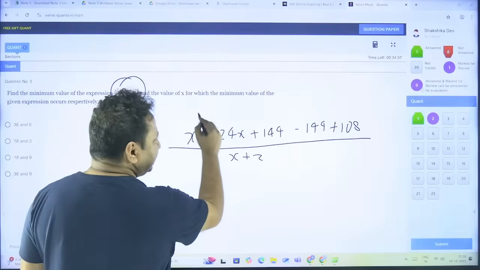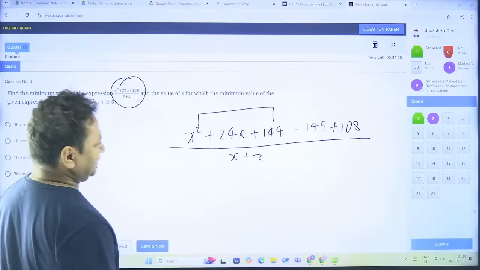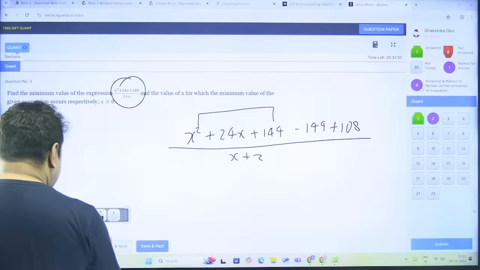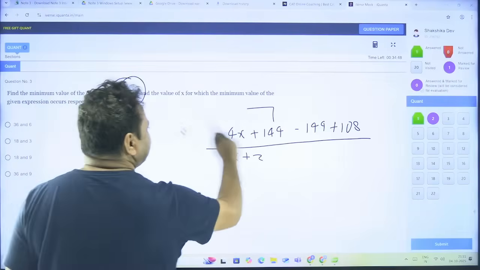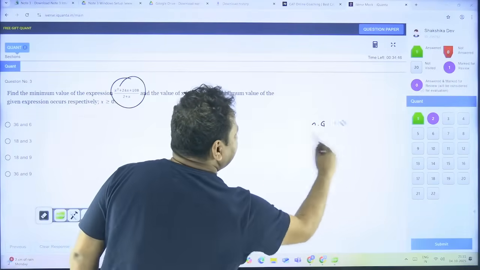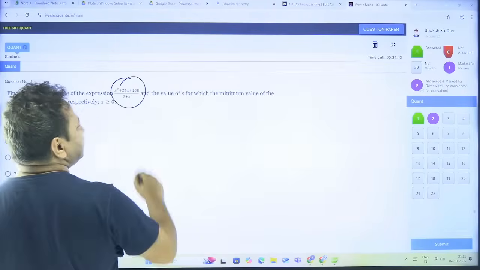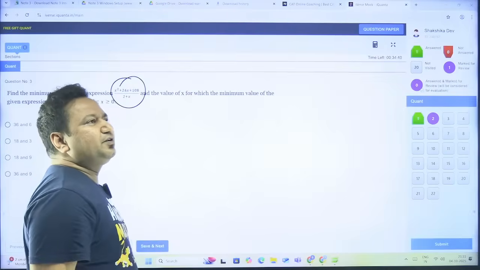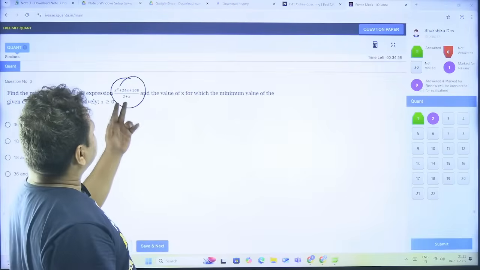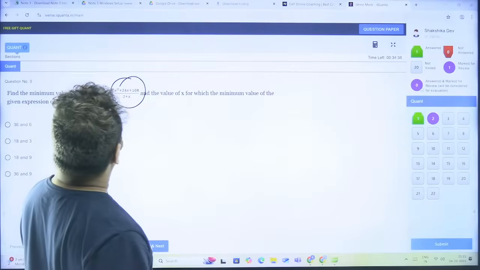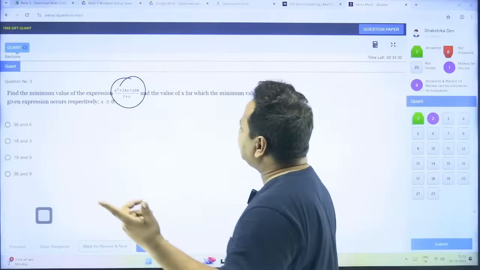Cool. Now this thing is x plus, okay, no, I'm not liking it. This is not going to help me. I'll just erase this. I can just factorize it because it is factorizable. 24, 108. 24, 108 is how much? 16 into 8 is 108. 8, 6, 4, no. What is it? 12 into 9 is 108.